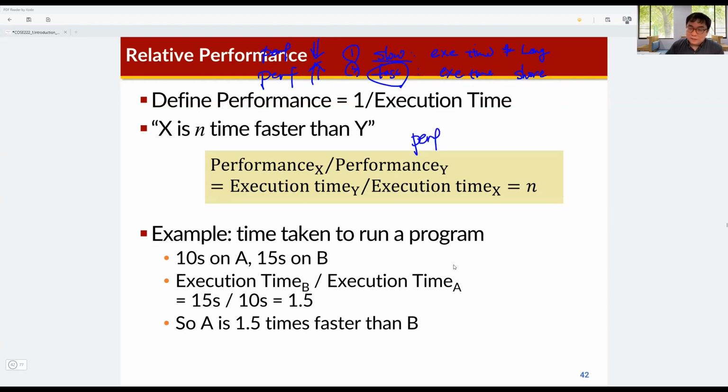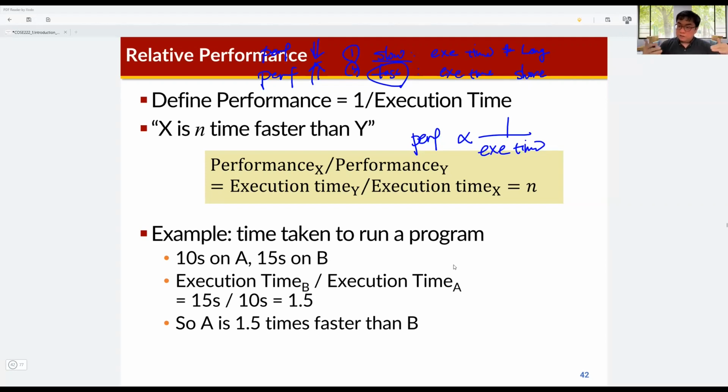Performance is inversely proportional to the execution time, right? So if the execution time is short, then that means performance is high. And reversely, if the execution time is long, the performance is low.